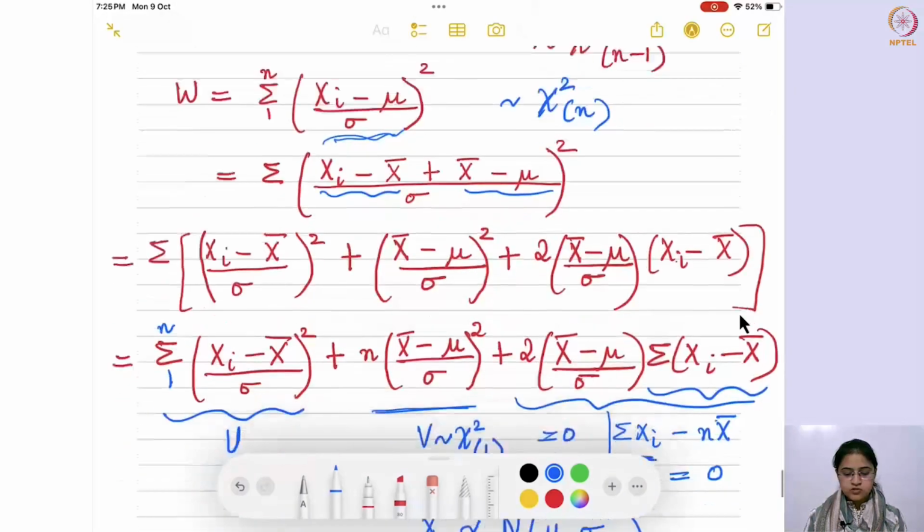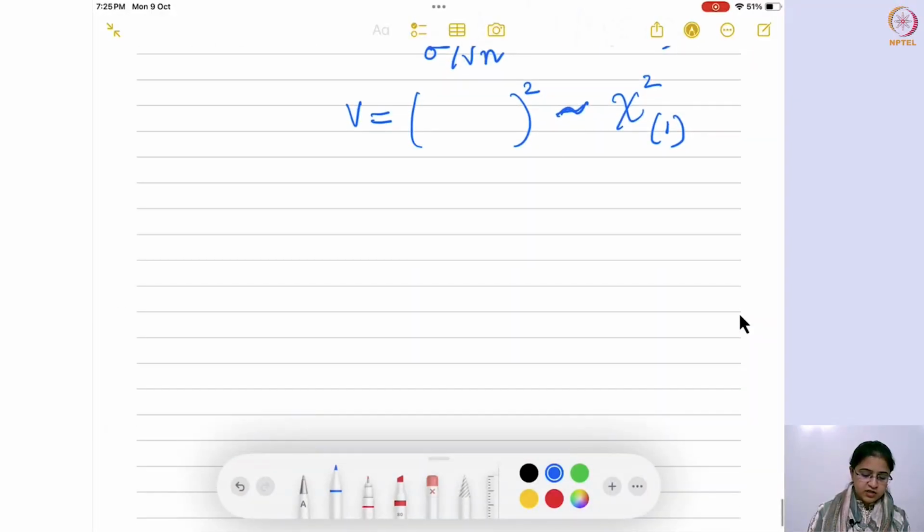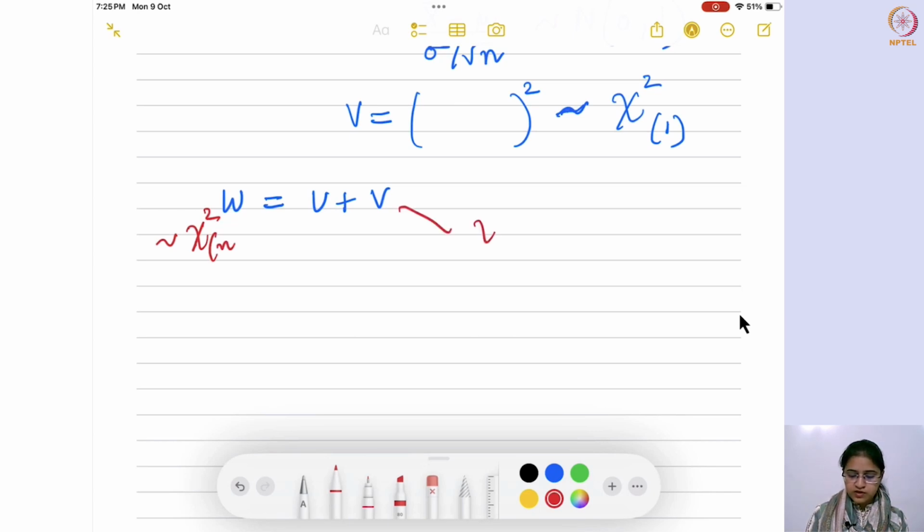So on the right hand side, you have W, which is U plus V. We have seen that W is following chi square with n degrees of freedom, and V is following chi square with 1 degree of freedom.